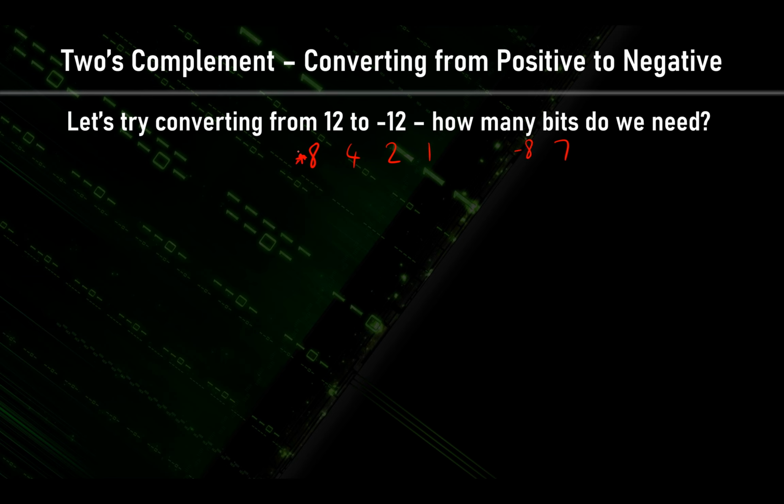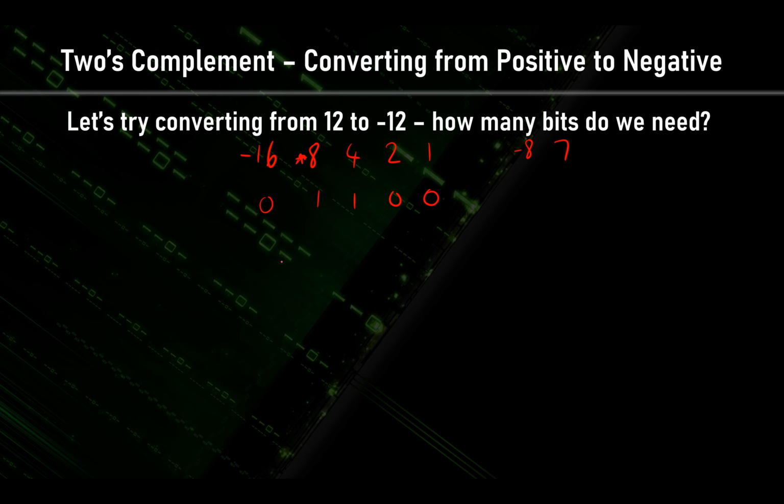Therefore we need to go to 16, and we're going to make the 16 negative, since here we're using 5 bits. To represent 12, there's not going to be the minus 16, but there will be the 8 and the 4, so that's going to be 12.